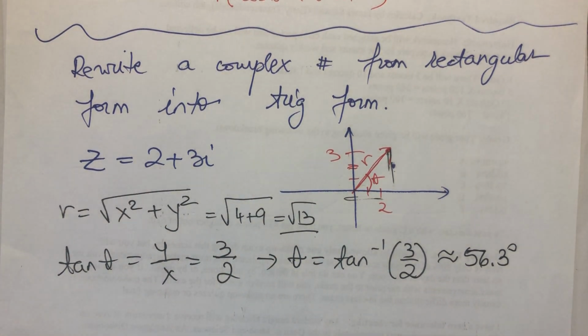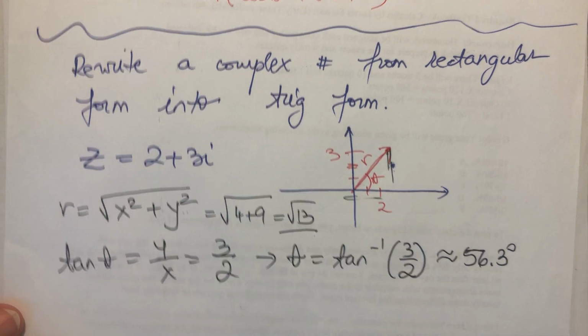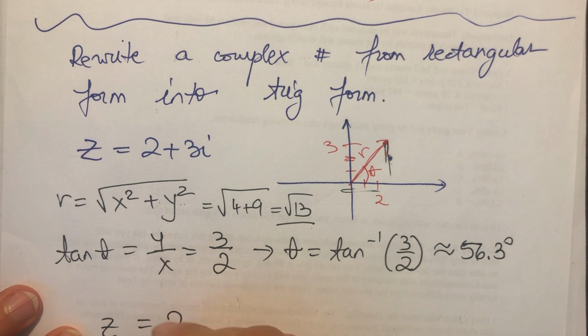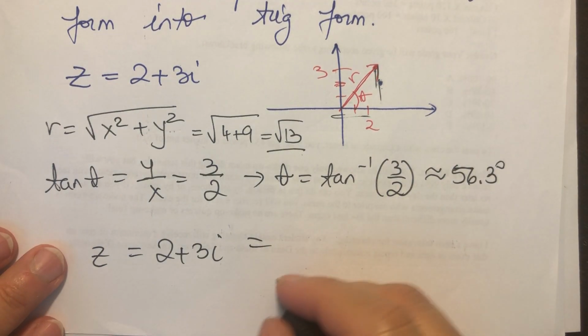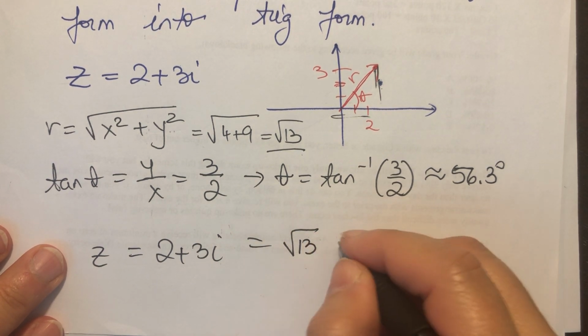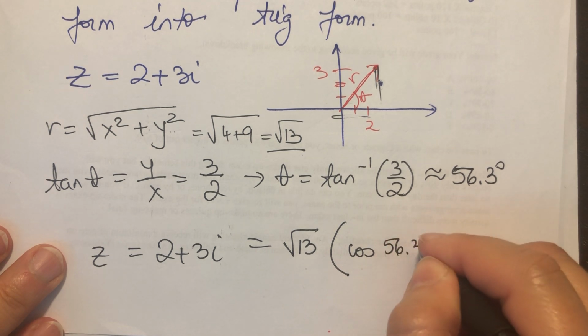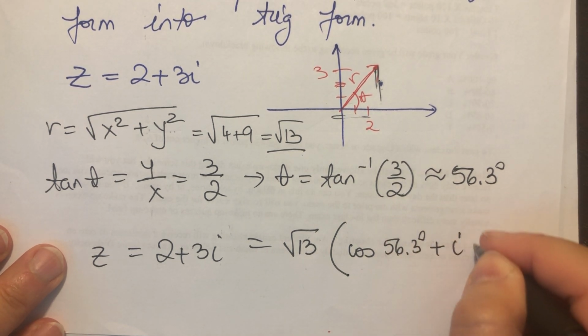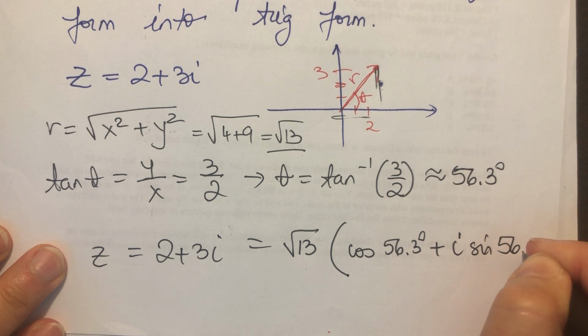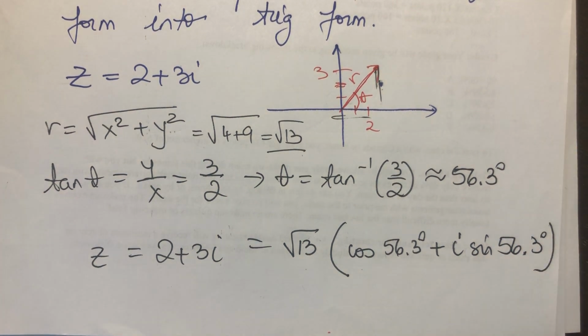It could be in degrees or in radians; unless it's specified, you can choose either one. So this number, 2 plus 3i, can also be written as the square root of 13 times cosine of 56.3 degrees plus i sine of 56.3 degrees. That's its trigonometric form.